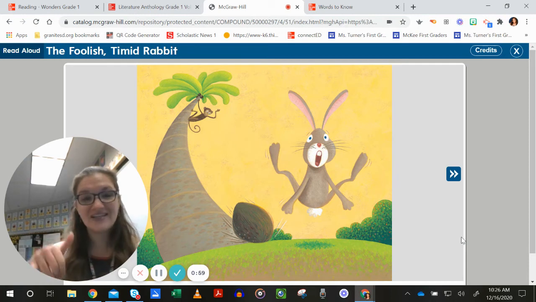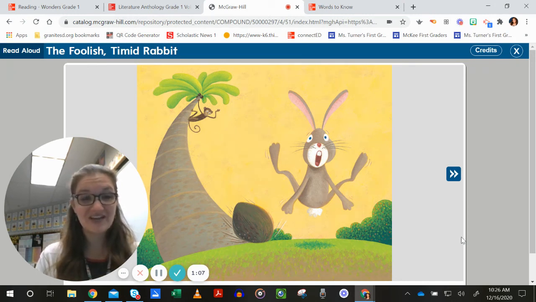The Foolish, Timid Rabbit, a tale from India. And as we read the story, you might notice it's similar to another story you've heard before. The characters are all different, but the root of the tale and the main events of the tale may seem very similar. And so this is a good example of how there are stories from different cultures and different countries that get told, but all have similar ideas.